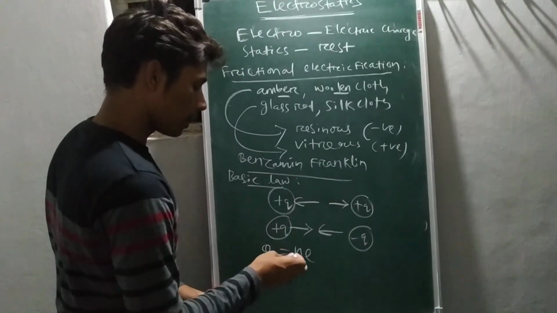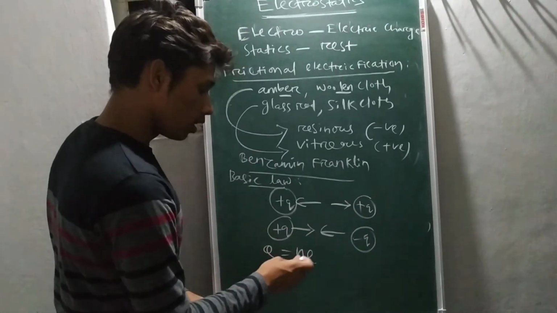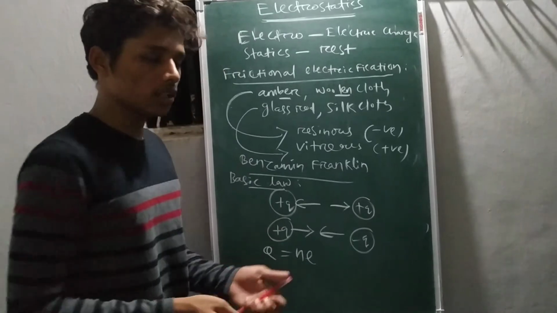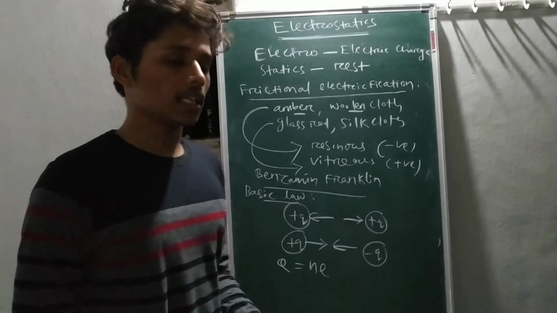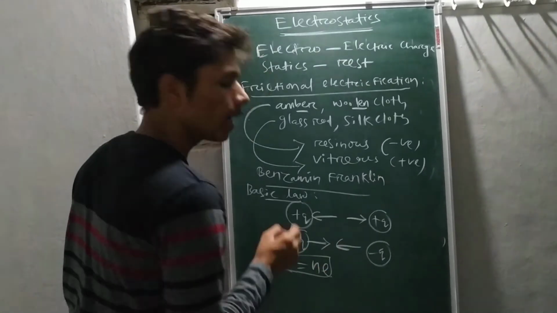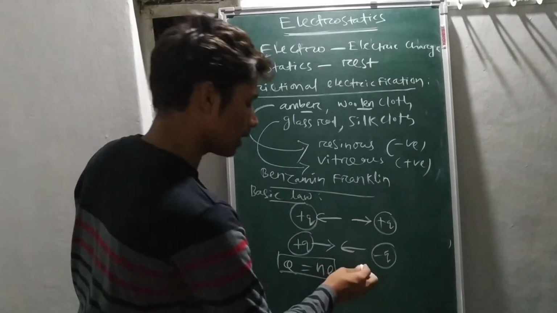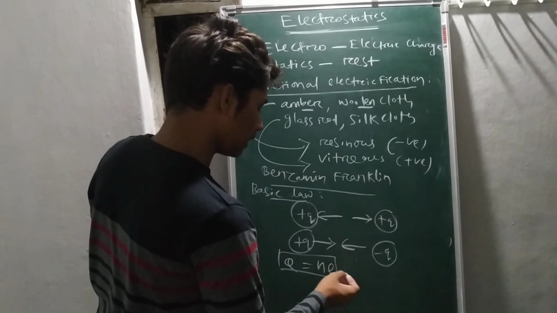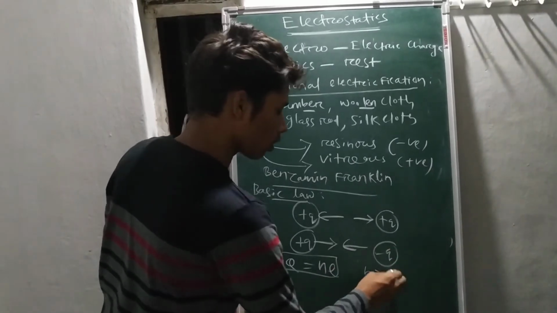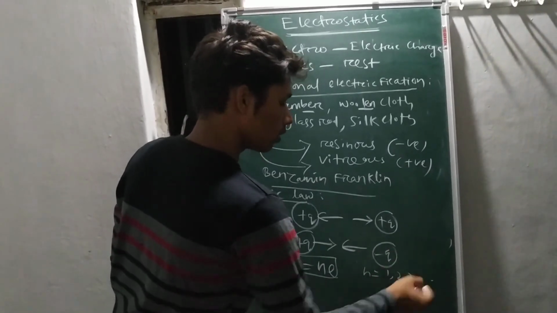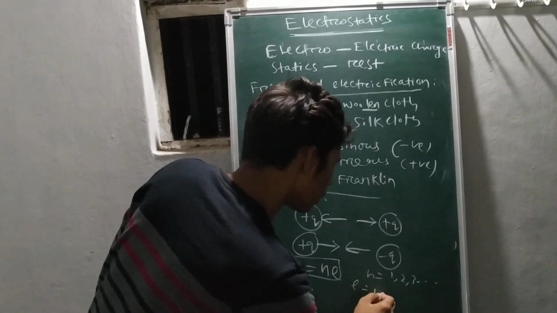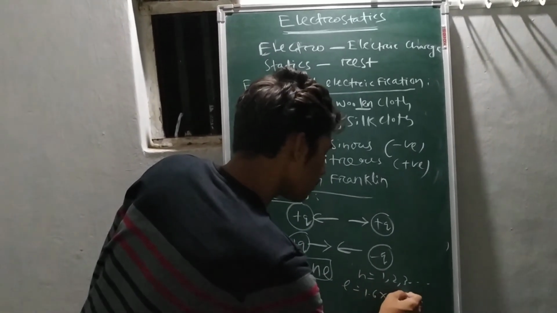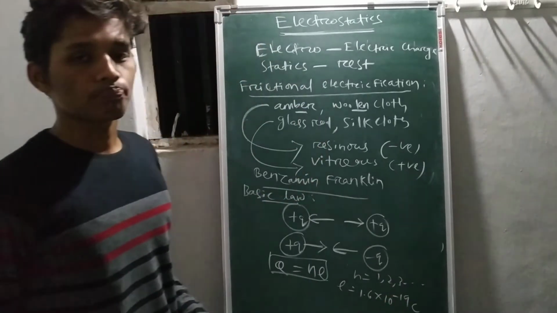Q is equal to Ne, where Q means charge and N means an integer: 1, 2, 3, and so on. And e means the charge of an electron, that is 1.6 into 10 to the power minus 19 coulomb.